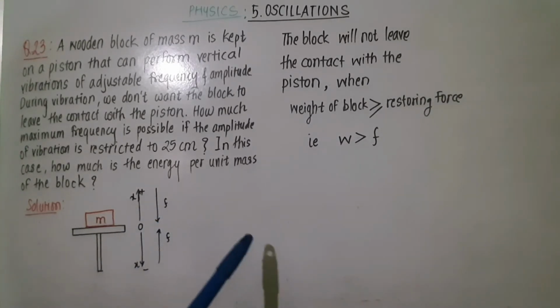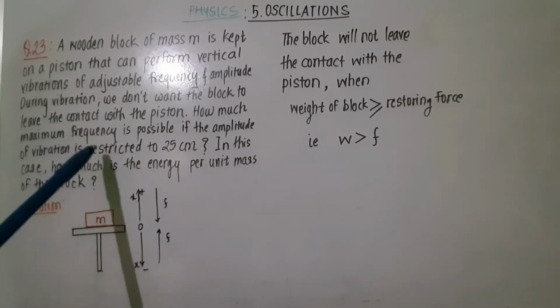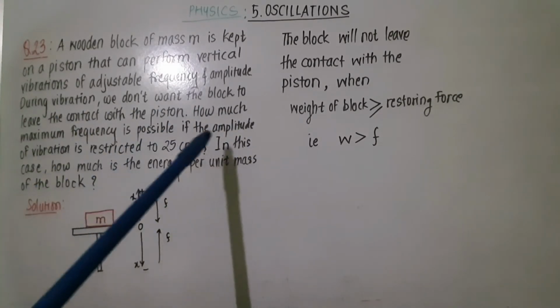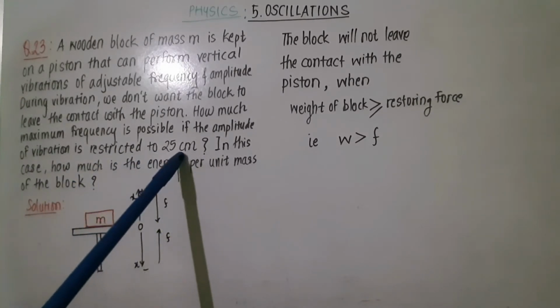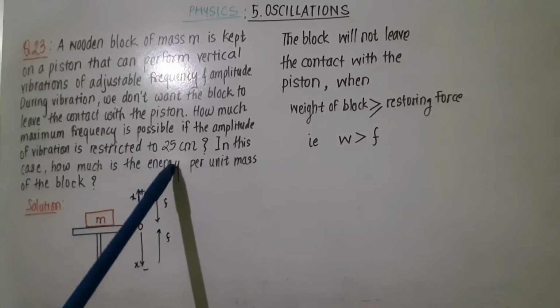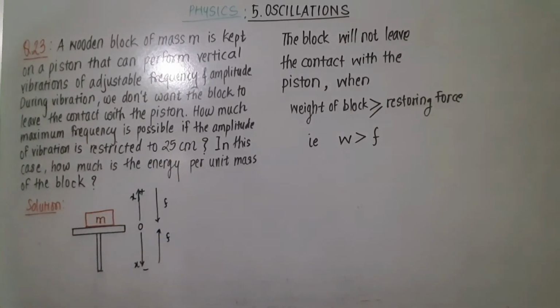And for this condition we are asked how much maximum frequency is possible if the amplitude of vibration is restricted to 25 centimeter. So this is maximum displacement, meaning amplitude, which is equal to 0.25 meter.